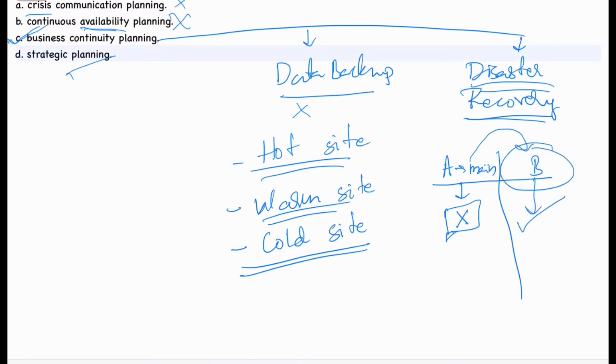That is what is called site B, a backup site. It runs simultaneously with the regular system. If something happens with site A, easily we can shift to site B. That is hot site. Hot site means immediate. Remember, immediate solution. Got it?